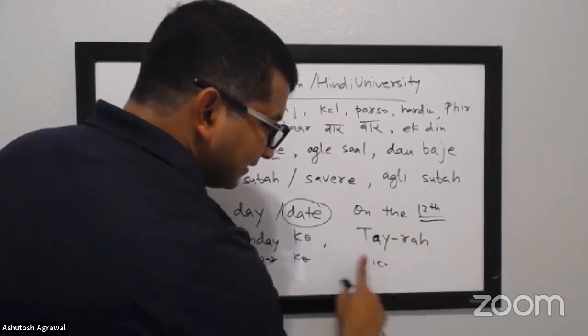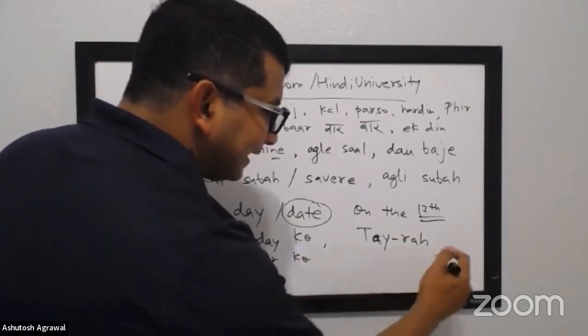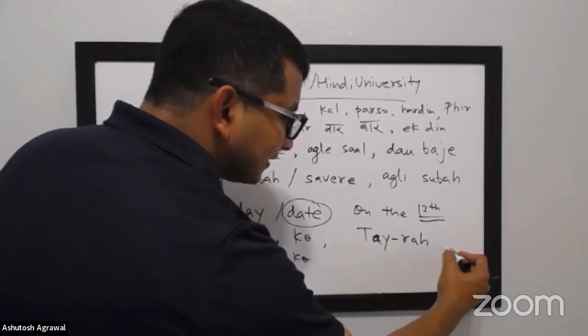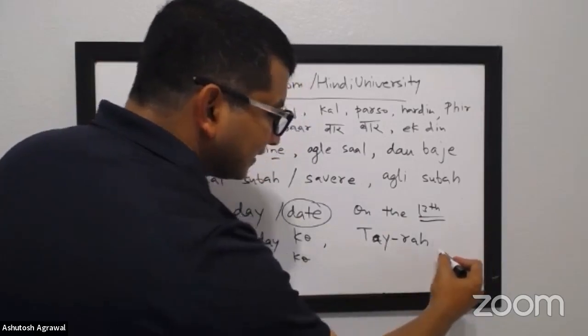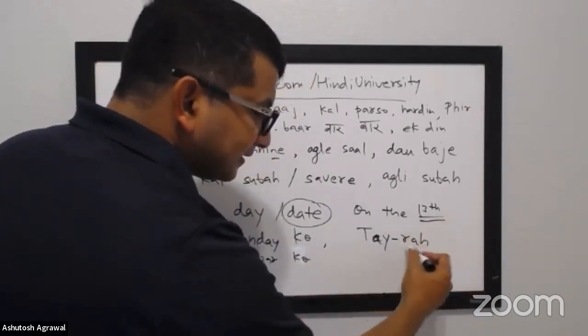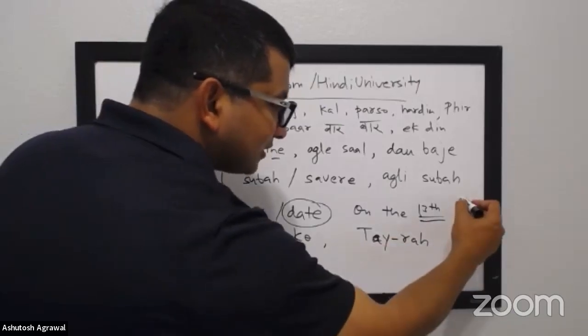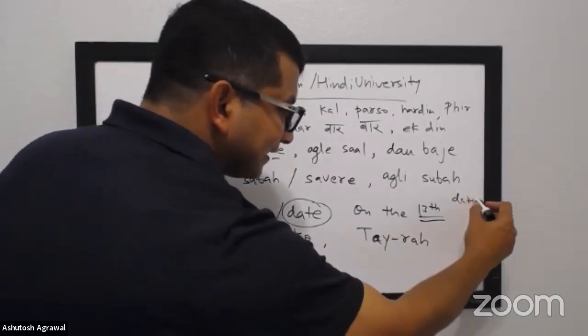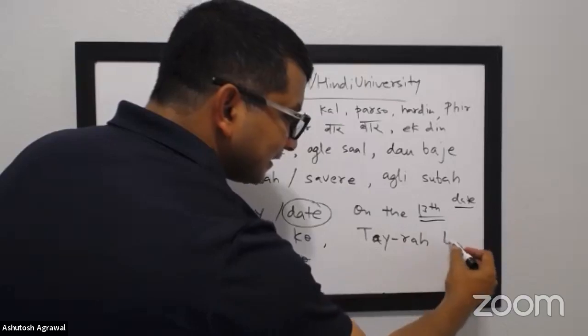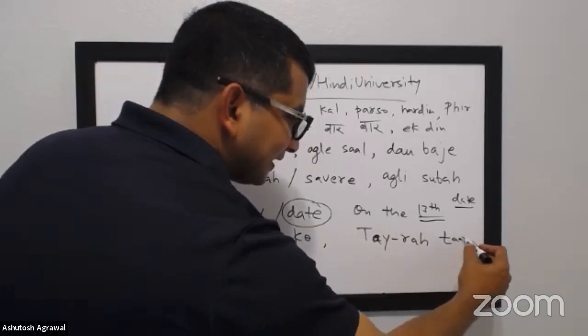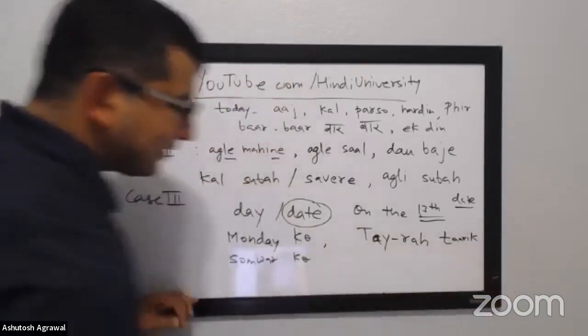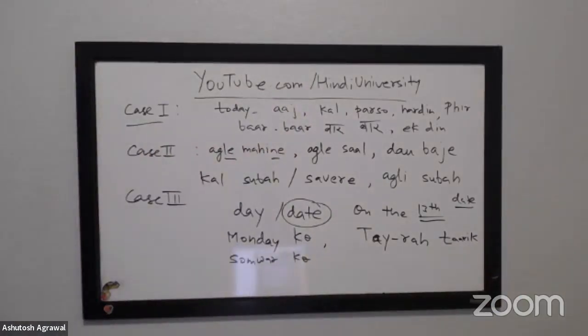And then the date is called tareekh. So 13 is Tera, and for the date, tareekh. Back to you, JDG. You have 13 and you have date also. Tera tareekh ko jaunga. Very good, right?